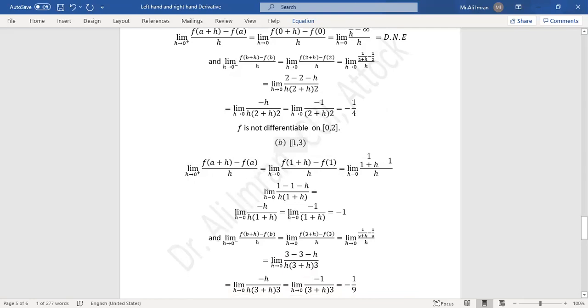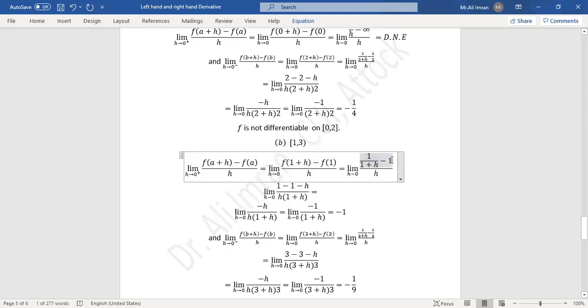Now we will check the differentiability of this function in interval 1 to 3. At 1 the interval is closed, and at 3 the interval is open. Limit h tends to 0 of f of a plus h minus f of a divided by h. Now the value of a is equal to 1. Limit h tends to 0 of f of 1 plus h minus f of 1 divided by h. Now the value of f of 1 plus h is equal to 1 divided by 1 plus h, and f of 1 is equal to 1.